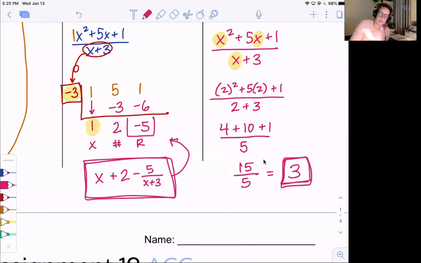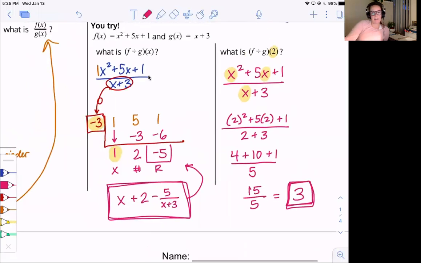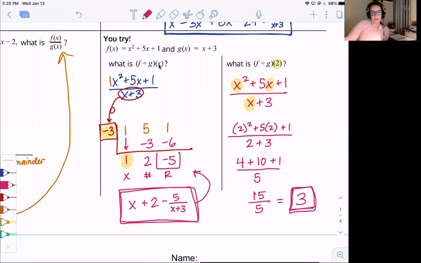So I could say that my solution to this problem is 3. Remember that if you have x, then you're going to end up with x's in your answer. If you have any number here you're evaluating, you're going to end up with a number as your answer.